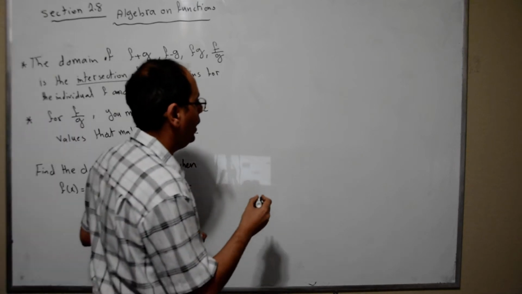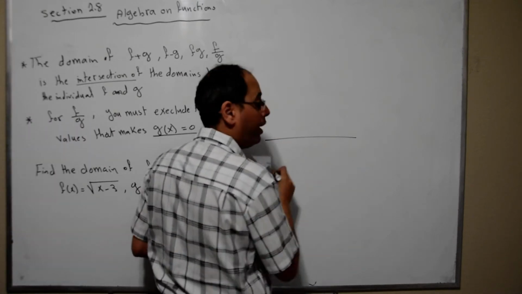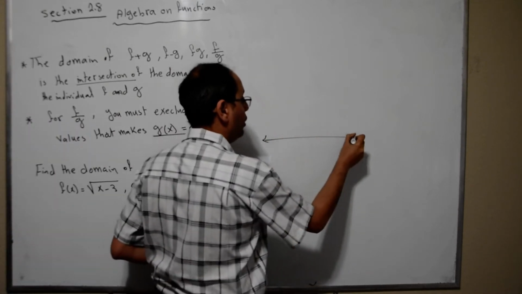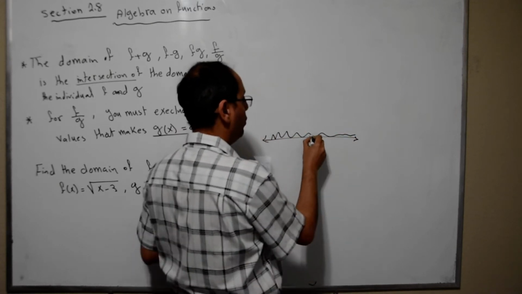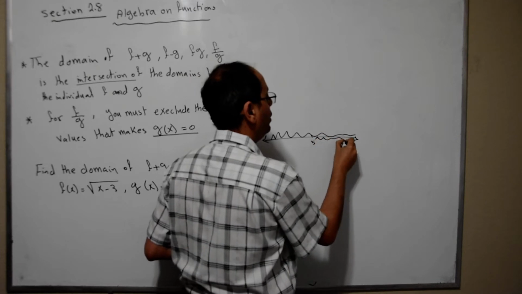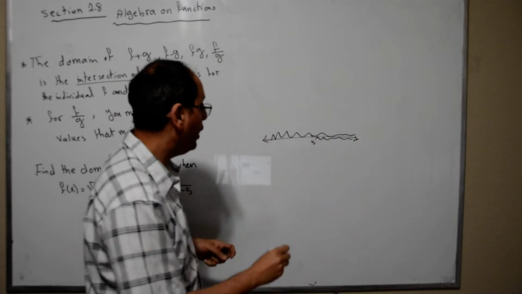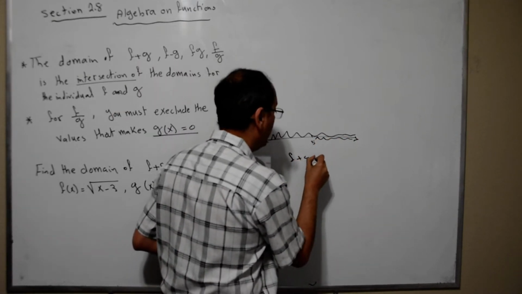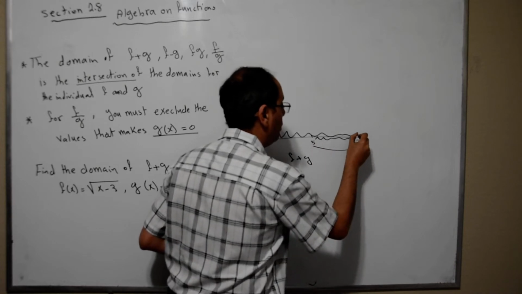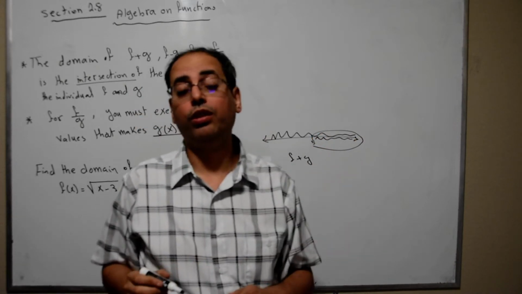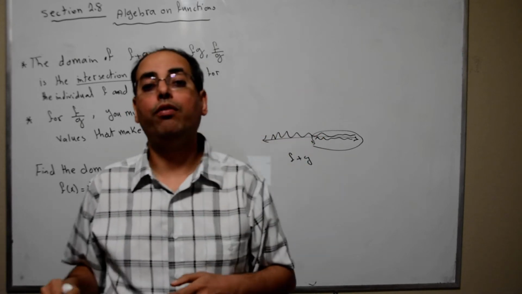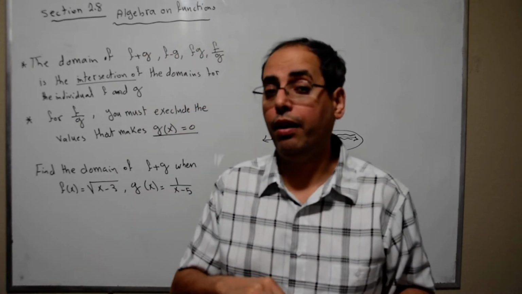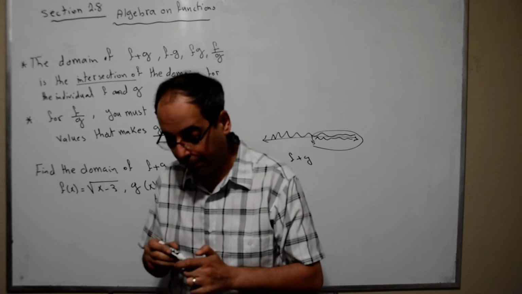Meaning that if the domain of f is all the real numbers, and g is from 5 to infinity, then the domain of f plus g is from 5 to infinity, only that part. Why? Because this is the intersection of the domain of f and g.